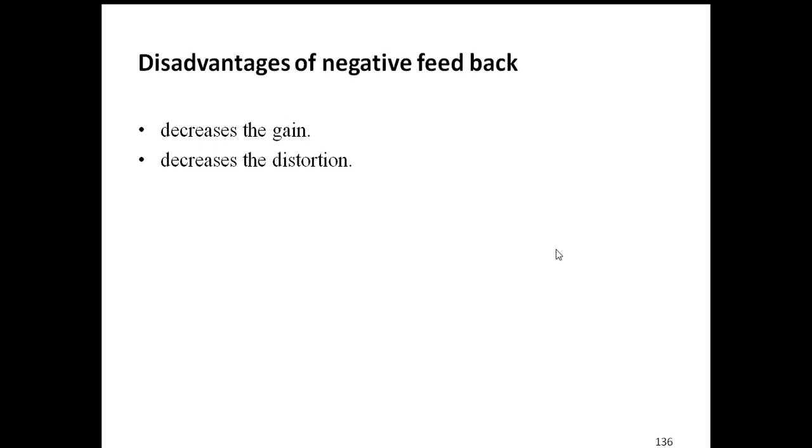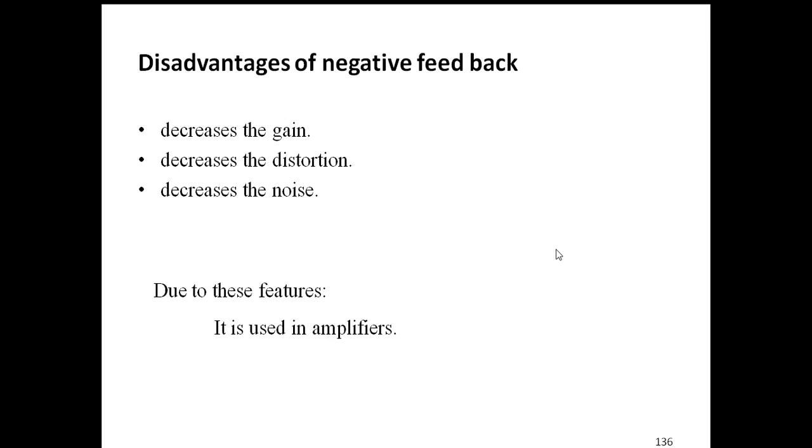It decreases the distortion, of course, which is an advantage. It decreases the noise. Due to these features, it is used in amplifiers. So the only disadvantage is that it decreases the gain.